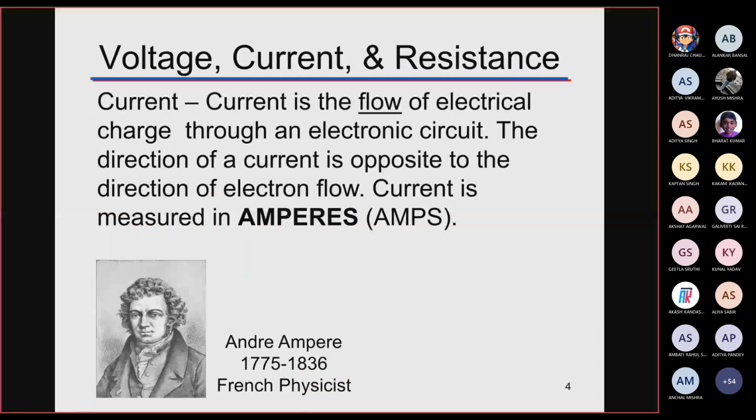So suppose we have a very basic electrical circuit which consists of a voltage source V and a resistance R. If this is the direction of current, this is the positive terminal of the battery or supply and this is the negative terminal. So current will always flow in the opposite direction of the electron. If this is the direction of your current I, it means your electron flow will be in this direction, right?